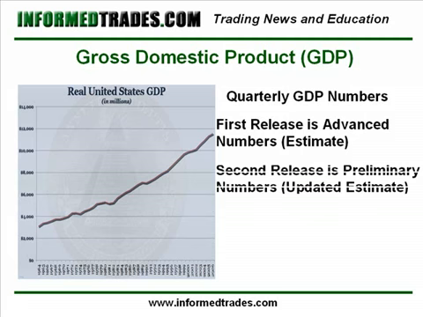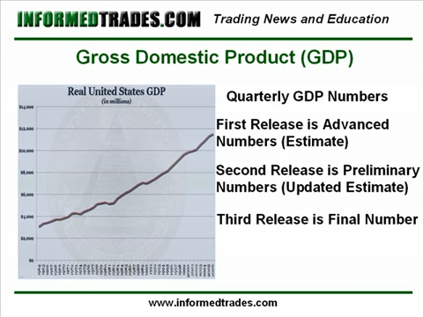In the second month after the end of the quarter being reported, you get the preliminary numbers, which basically means more accurate than advance, but still an estimate. And then finally, in the third month after the quarter ends, you get the final GDP number of the quarter being reported on. Traders are going to focus heavily on the growth rate released in the advance number, and they're also going to look for any significant revisions.